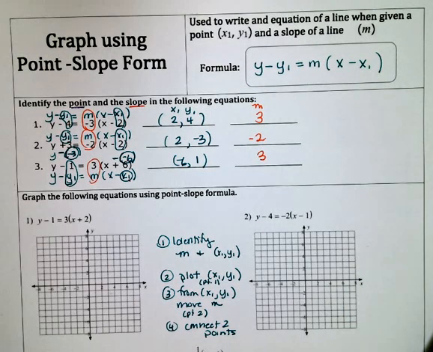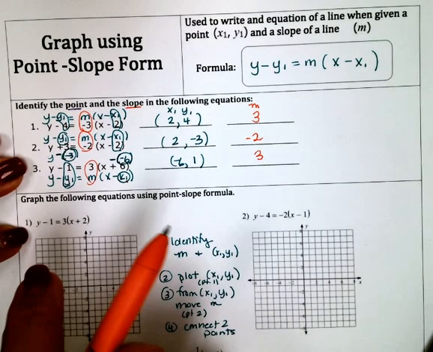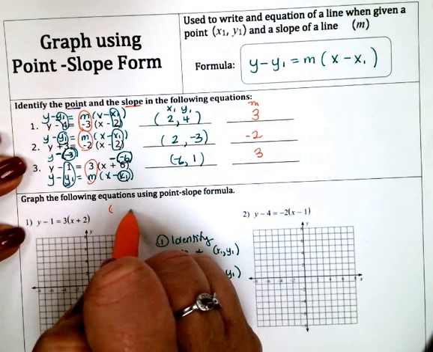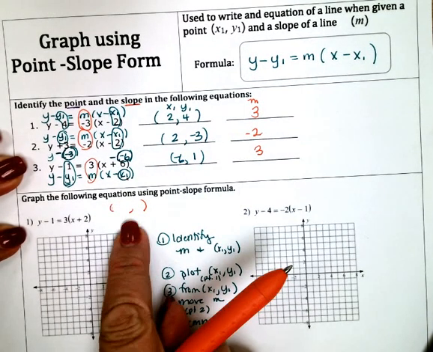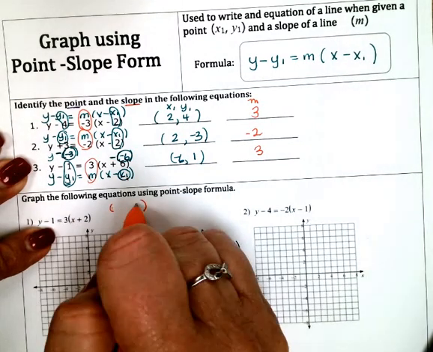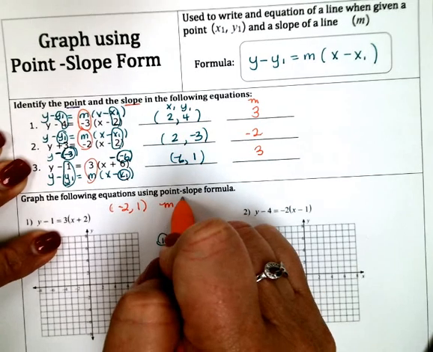So, number 1, I want to identify my m and my point. So looking at my equation right here, my ordered pair is (-2, 1). My slope is 3.